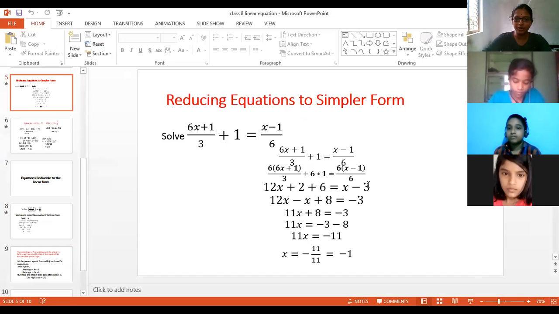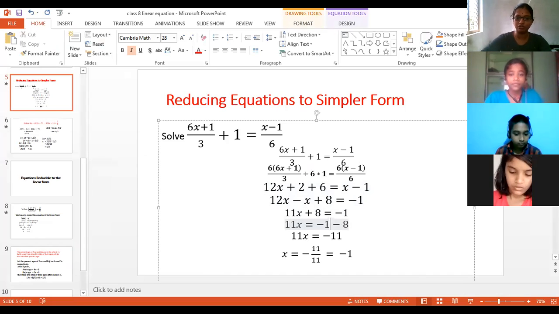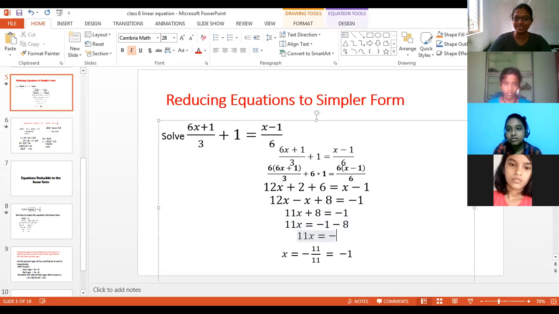So I'm just replacing this minus 3 by minus 1 itself, and here it is also minus 1. I'm so sorry. In your textbook it is minus 3. Please look at your question. I have chosen x minus 1 by 6 here, but in your textbook it is x minus 3 by 6. Okay, that was the mistake that happened.